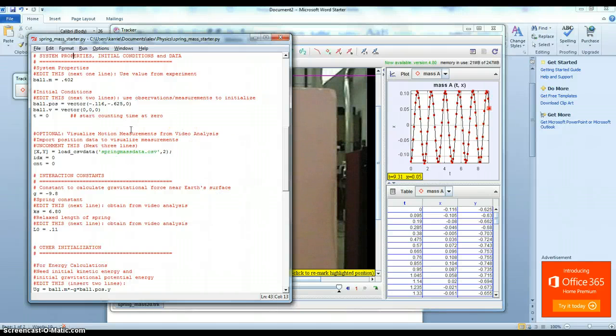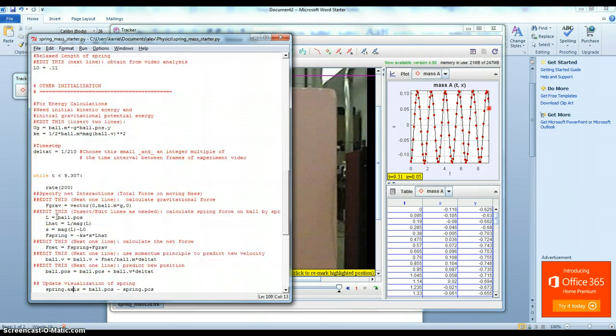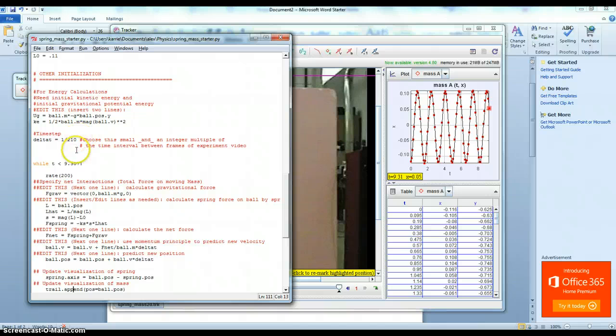Here's my model, and you can see some of the initial conditions: the mass 0.402 kilograms, the initial position, the initial velocity, which is 0 because it started from rest, the constant, and then the total time. Since I did the whole video, it was 9.307 seconds.